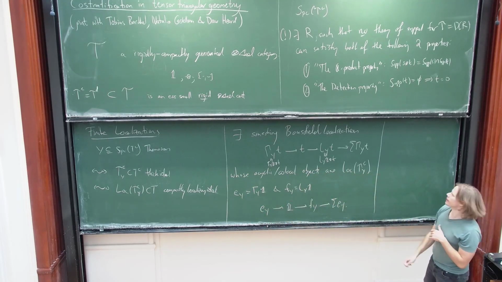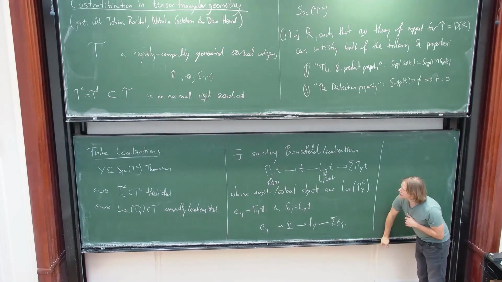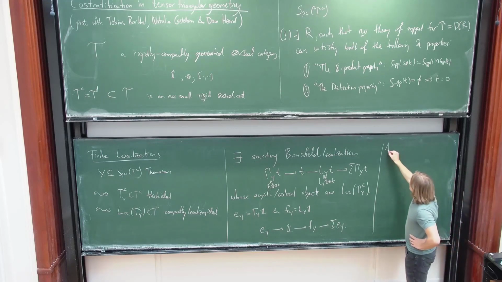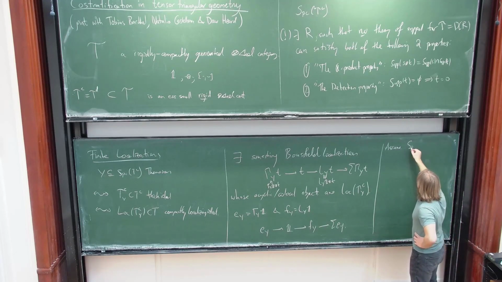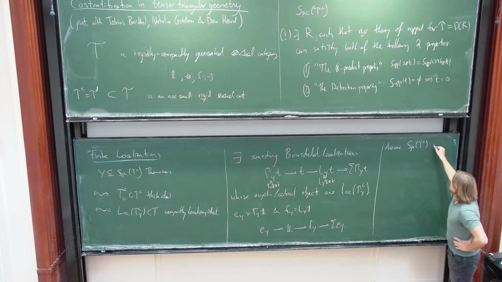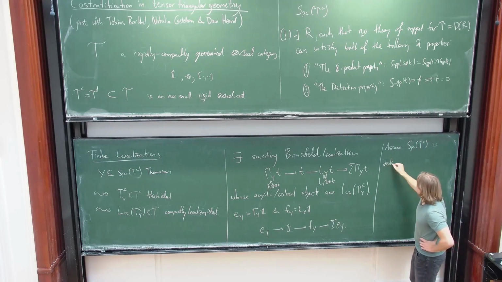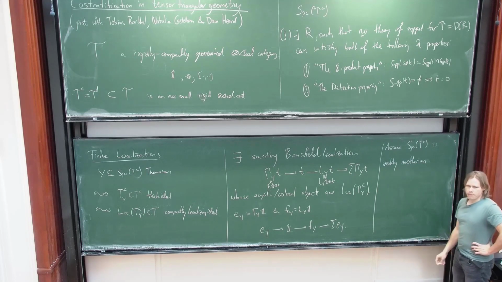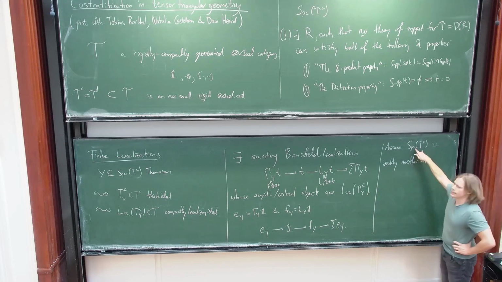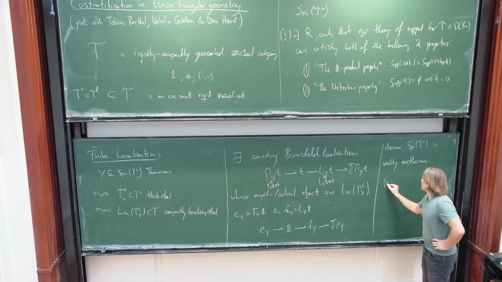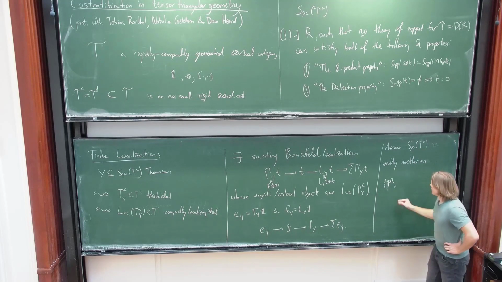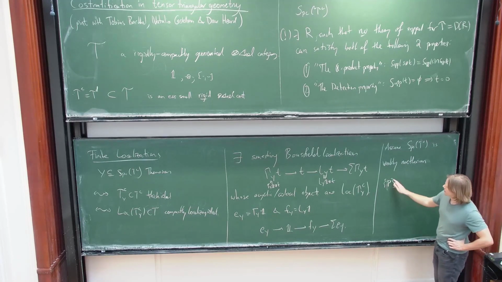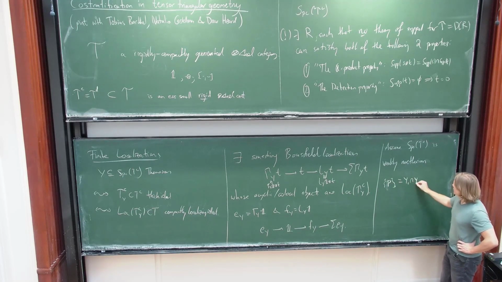big category. Okay? And so we can use these to define the Balmer-Favi theory of support, and as in last lecture, we're going to assume that this space is weakly Noetherian, and what that meant is that for any point P in the space, you can find two Thomason subsets Y1 and Y2 such that the singleton set {P} is Y1 intersected with Y2.